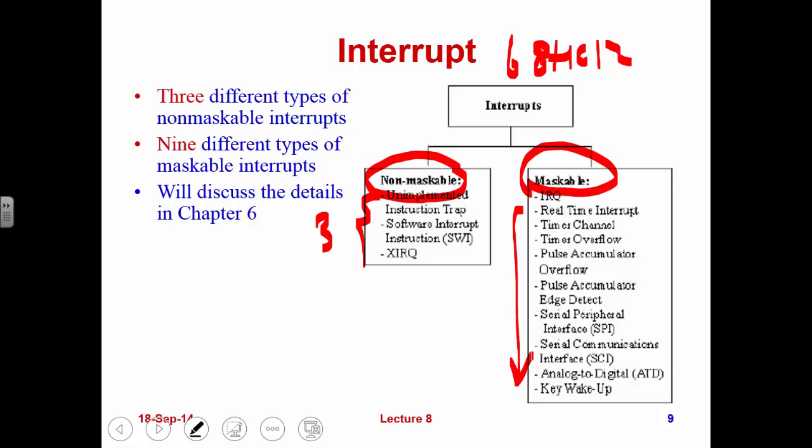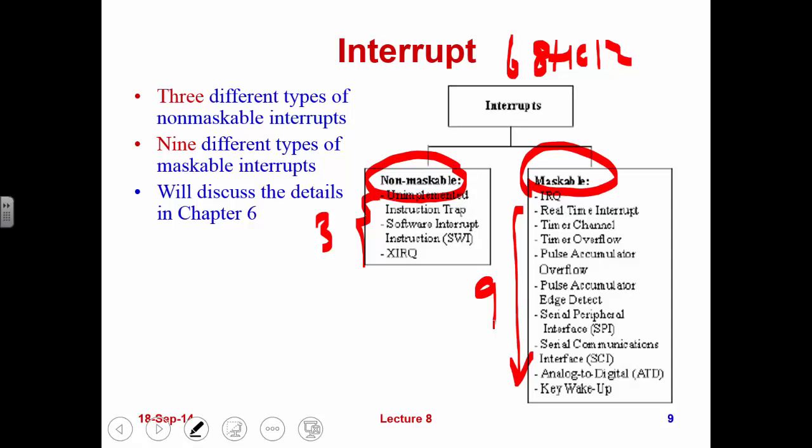For non-maskable, the CPU has to serve the request. So we have 9 different types of maskable interrupts and 3 different types of non-maskable interrupts.